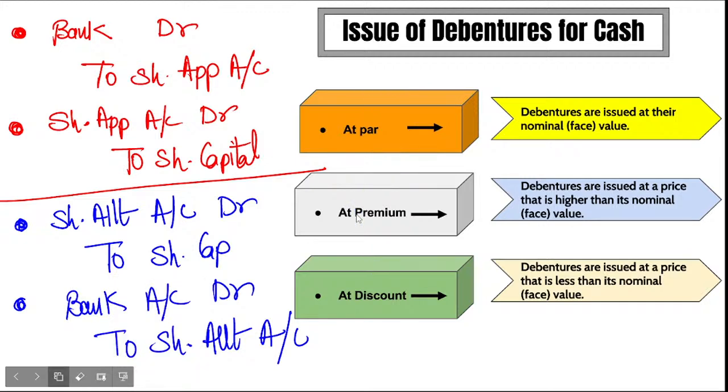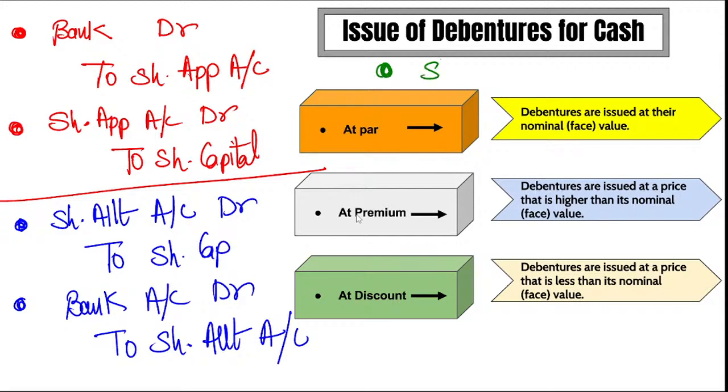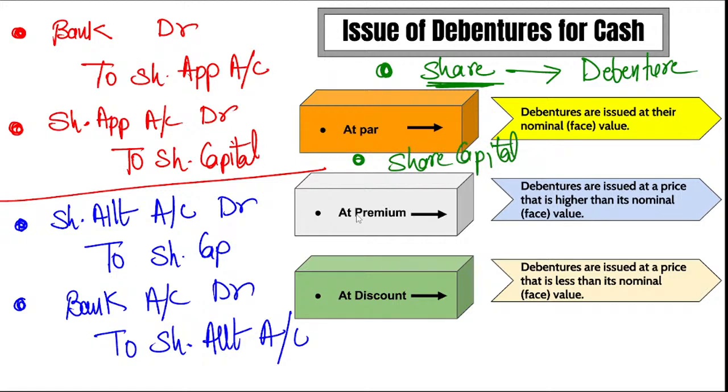Because the entries in debentures are also the same. The only difference is the word share. जहां भी word आया share, it will be replaced by debenture, and the word share capital will be replaced by percentage debenture.